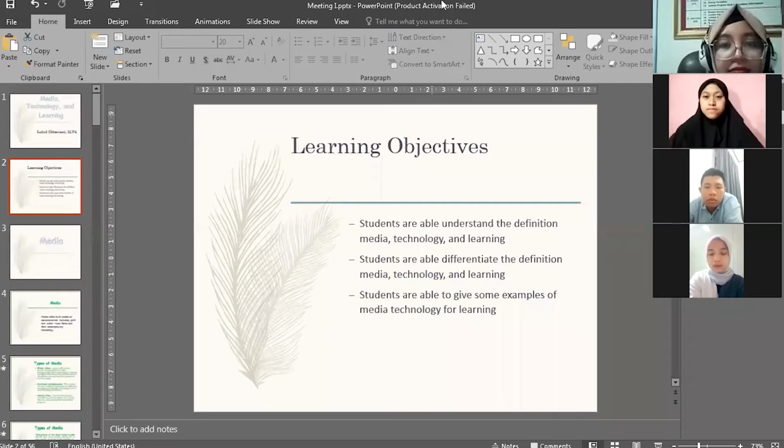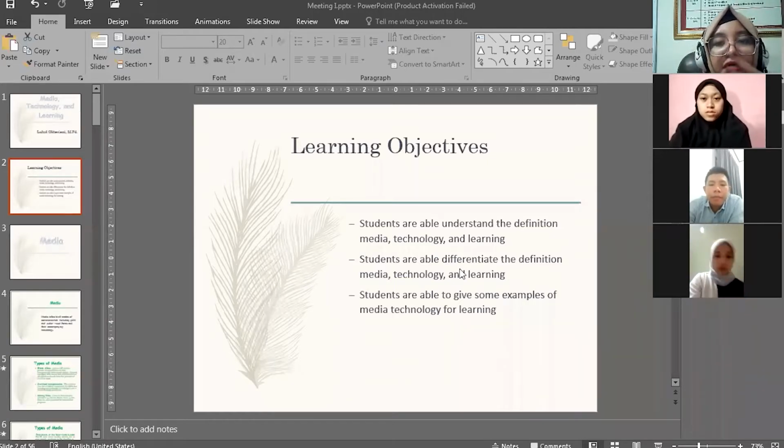And the next one, students are able to differentiate the definitions of media, technology, and learning. After you understand the definitions, hopefully you can differentiate, and in the end, you are able to give some examples of media, technology, or technology for learning.